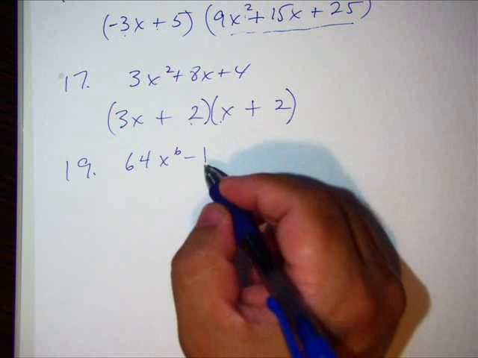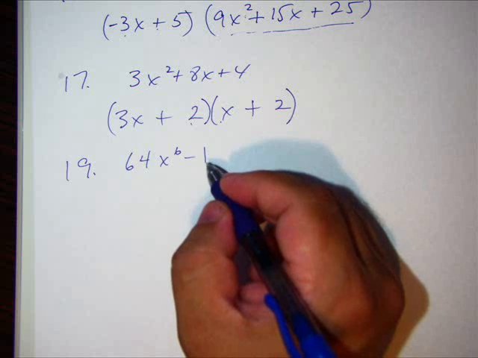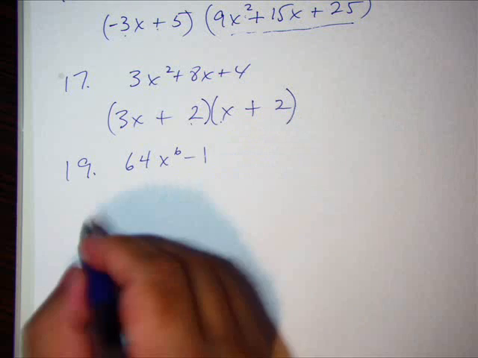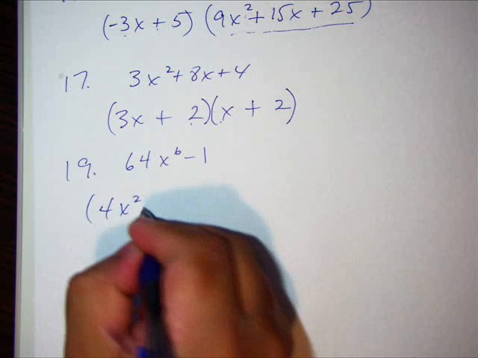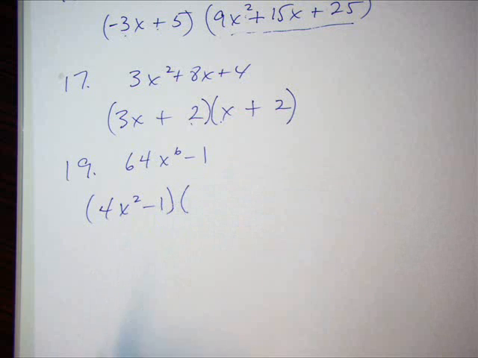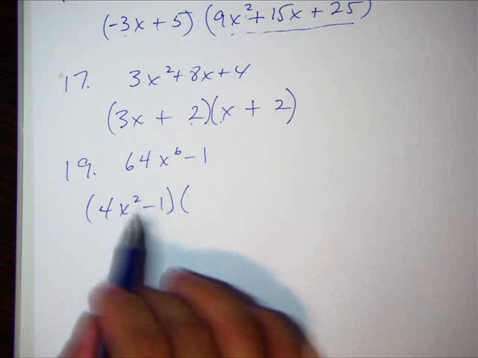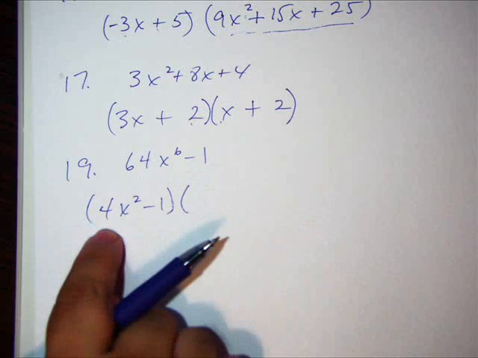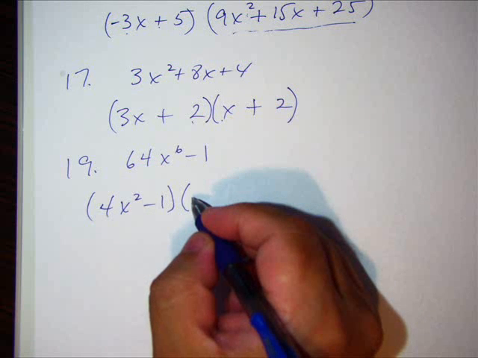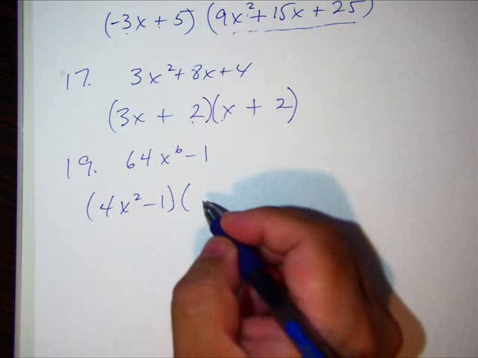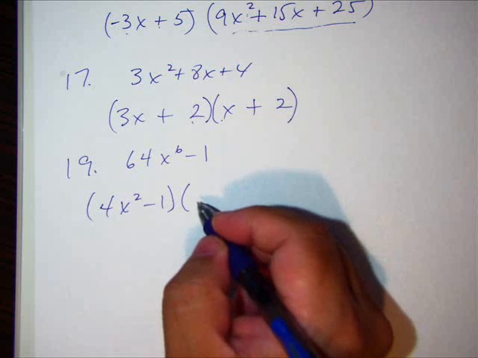Alright. So when I treat this as a difference of two cubes, what do I get? It's 4x squared minus 1. Square that. Square this, rather. And I get... Scratch that.